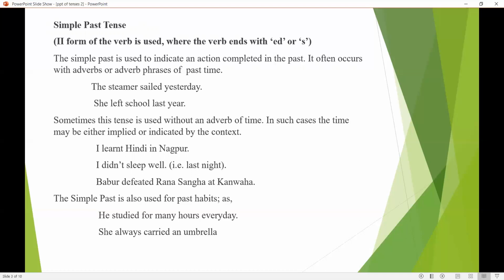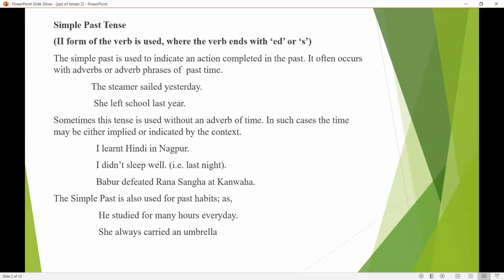It often occurs with adverbs or adverb phrases of past time. Example, the steamer sailed yesterday. Now, sailed denotes that. And in the next example, she left school last year. Last year denotes the adverb phrase.